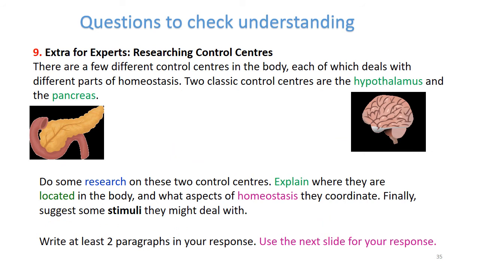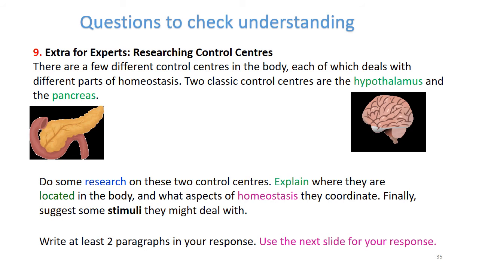Here is another question to check for understanding. Question 9. This is also an extra for experts. Researching control centres. There are a few different control centres in the body, each of which deals with different parts of homeostasis. 2 classic control centres are the hypothalamus, which is in the brain, and the pancreas.